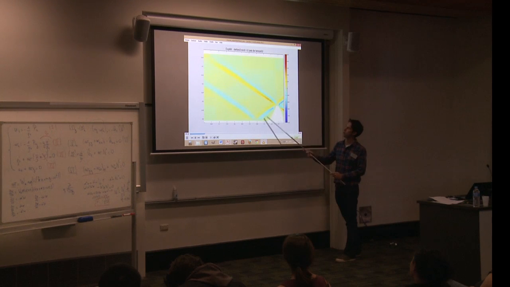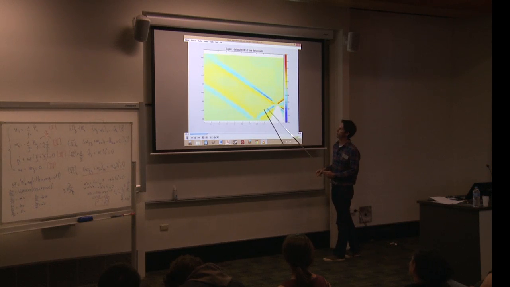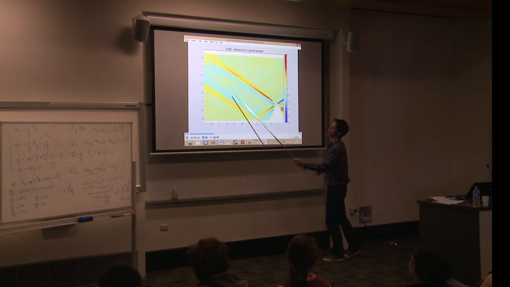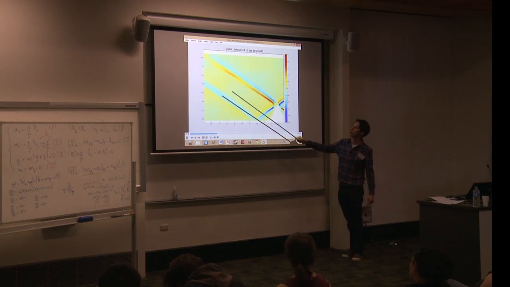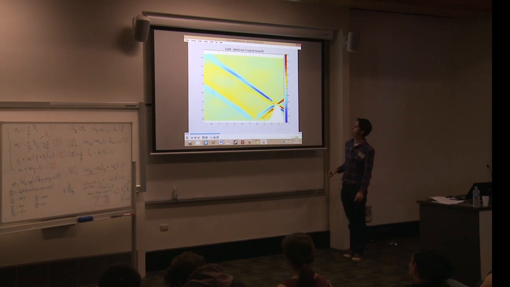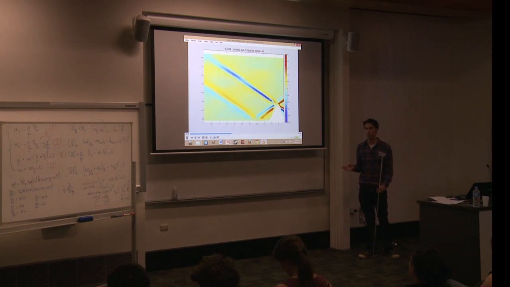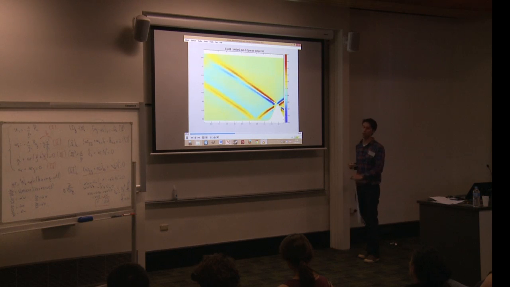For the downgoing internal wave, you can see a reflection at the bottom here, and then going upwards with the same angle. Okay, so do you recognize the properties that we talked about, like propagation of energy and phase and fluid particle displacement?